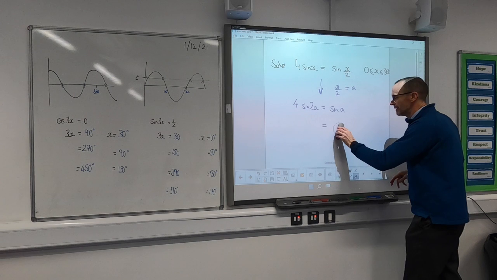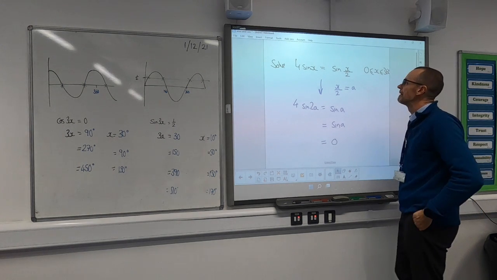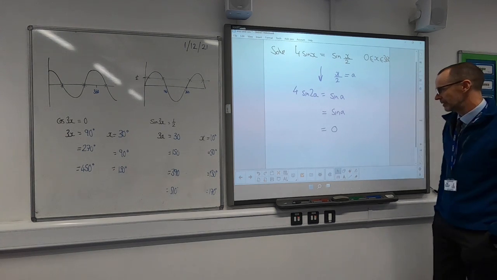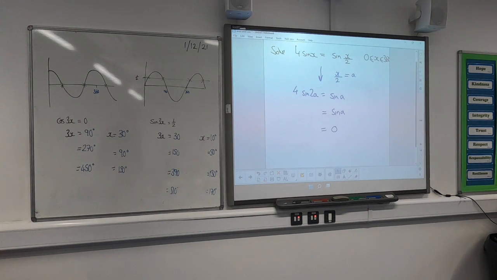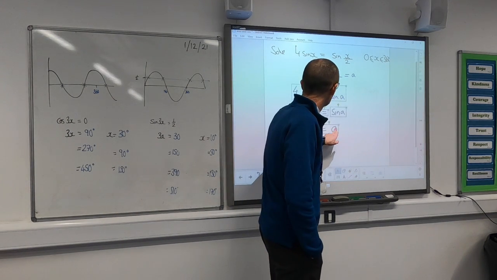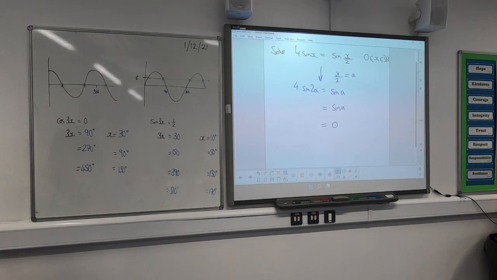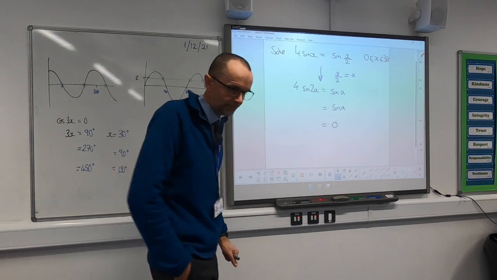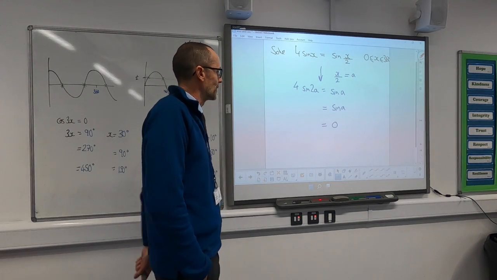So I guess there's probably going to be an intermediate step there. So sine 2A is 2 sine A cos A. So 4 lots of sine 2A.